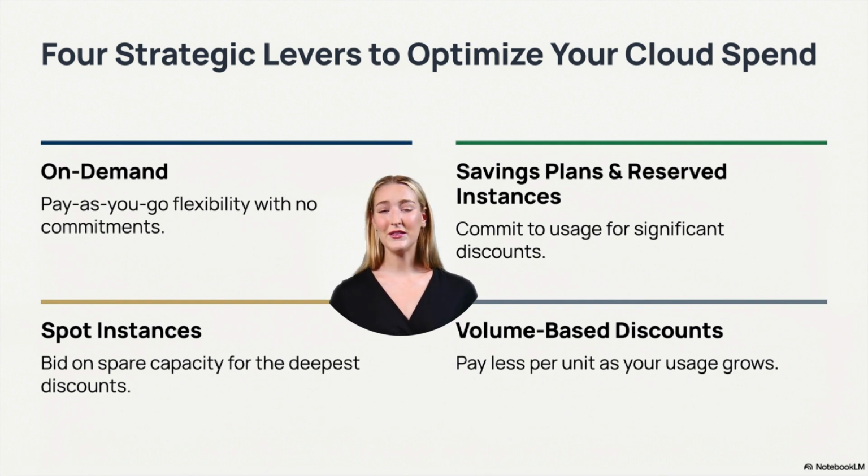These allow you to commit to a specific amount of usage in exchange for massive discounts. Spot instances. This involves bidding on spare capacity for the deepest possible discounts. Volume-based discounts. This is the principle that as you use more, you pay less per unit. For the exam, you will need to know which lever to pull for different business scenarios.